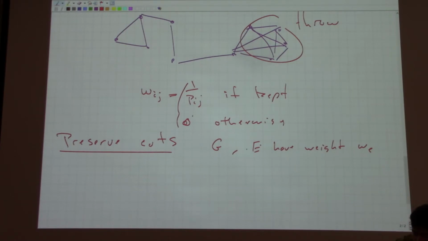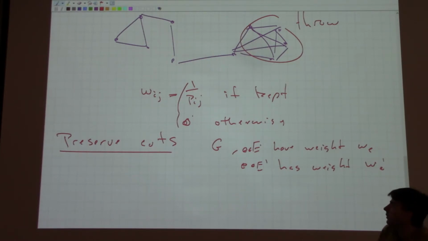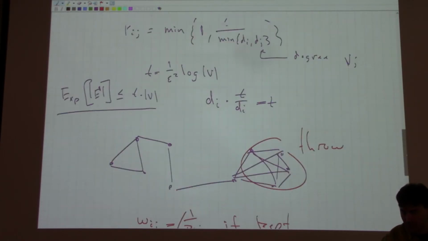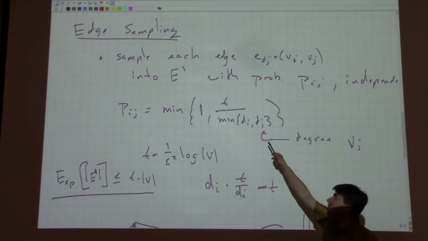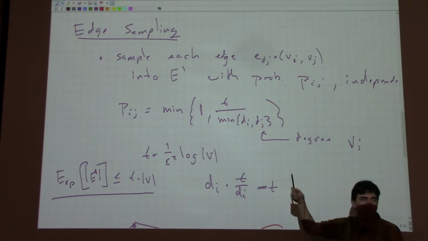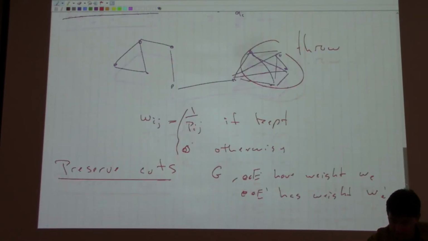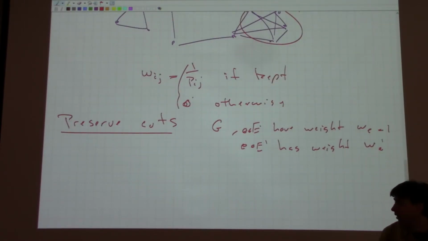So for each edge in the graph, it has a weight w_e, and each edge in G prime has weight w_e prime. These are the new weights here. By default these are always going to be 1, but in general you could start with different weights, and then this changes a little bit where the degree is going to be the sum of the weights instead of just the sum of counts of 1. And all of this is going to go through the same way as before. So you can think of these as always being 1.